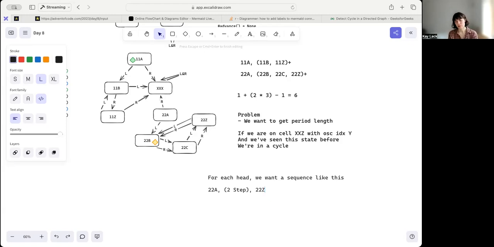Okay, all right, well, maybe this makes it simpler.